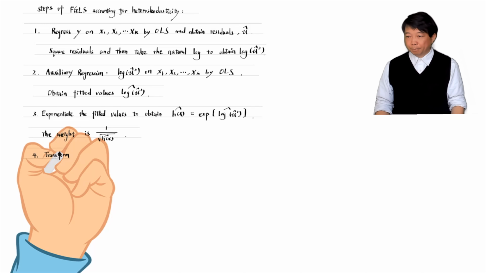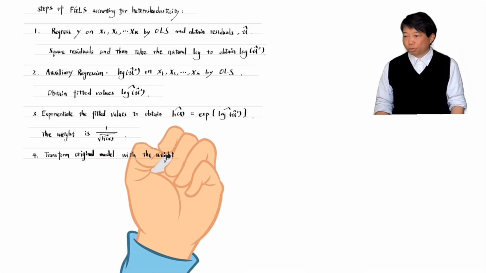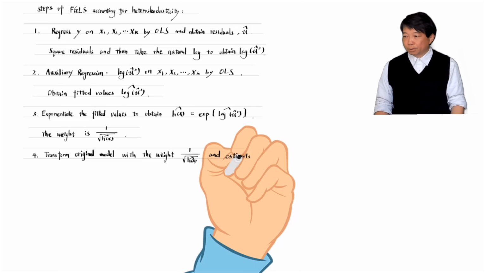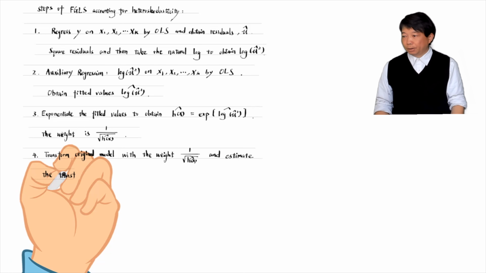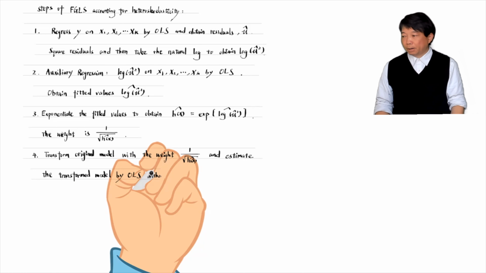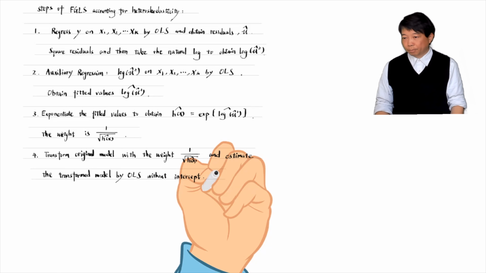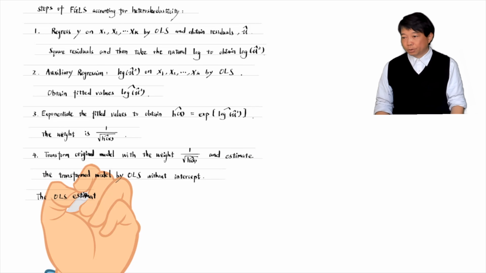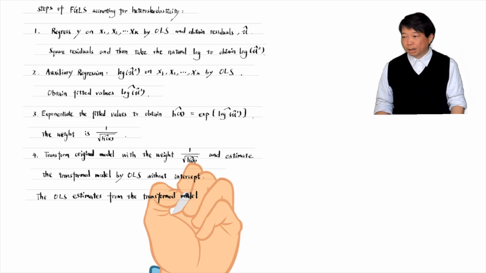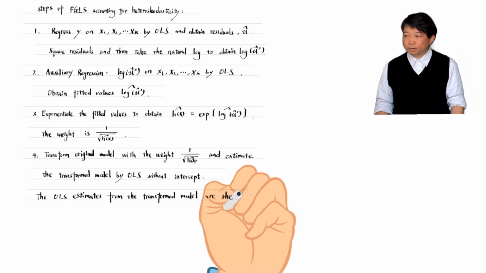In the fourth step, we transform the original model with the weight. We then estimate the transformed model by OLS without an intercept. The OLS estimates from the transformed model are the feasible GLS estimates.